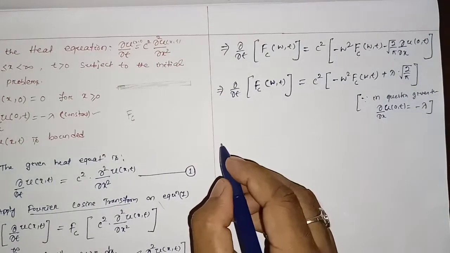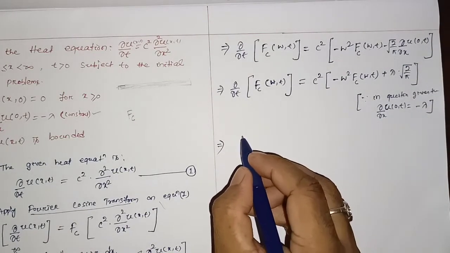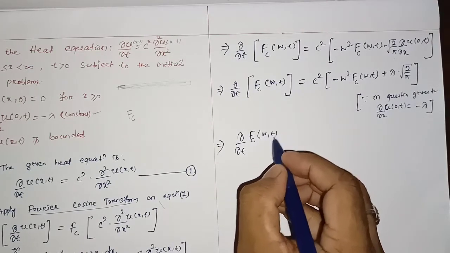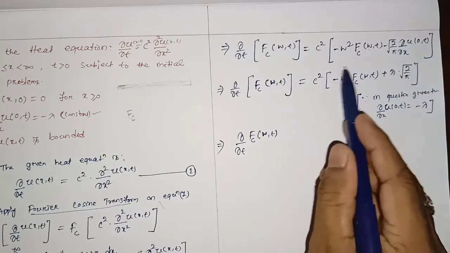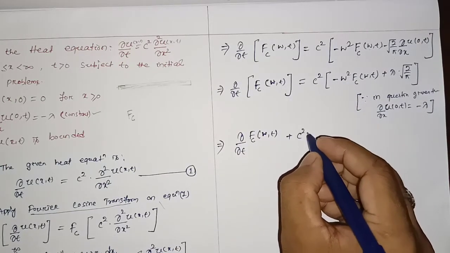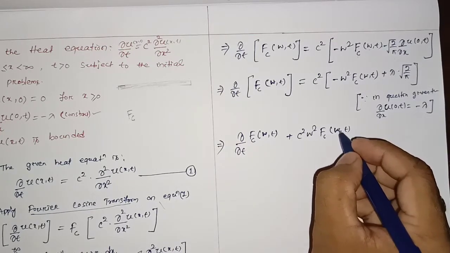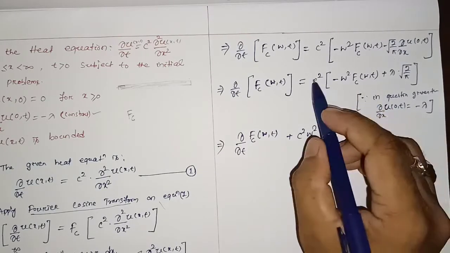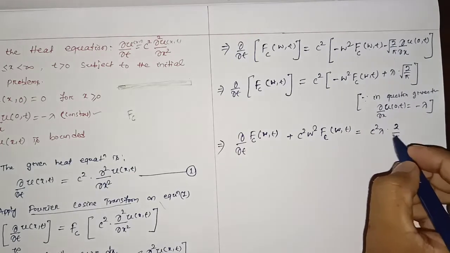Next, that implies del by del t of capital F c, which is a function of omega, t, and this term taken to this side will be plus c square omega square F c of omega, t, is equal to c square lambda into root over 2 by pi.